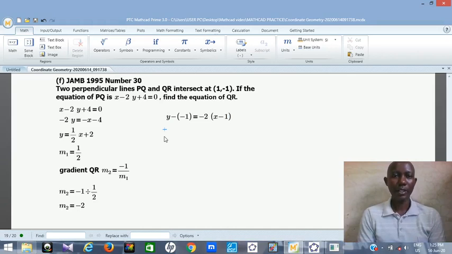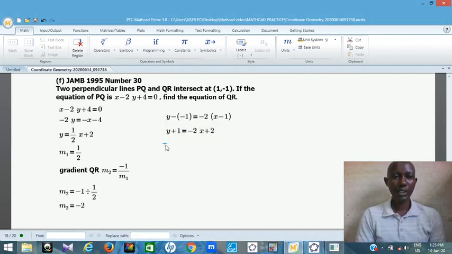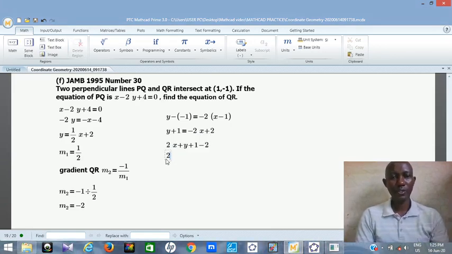So you now have y plus 1, because minus and minus is plus, equals minus 2x, then minus 2 times minus 1 will give us plus 2. If I put my equation in the general form, plus 2x will go first, now 2x plus y plus 1 minus 2, because plus 2 will become minus. Then finally I'm going to have 2x plus y minus 1 equal to 0.